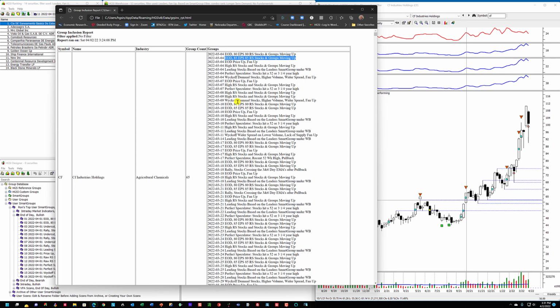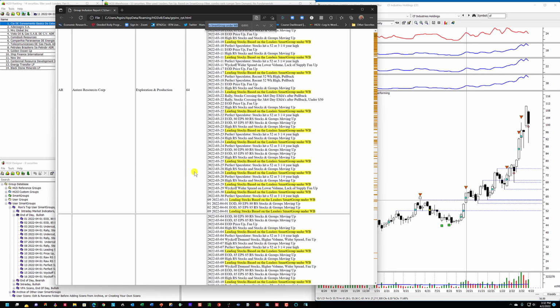Now I'm going to do another group here. I'll clear this. I want to go to the leading stocks. Highlight this. Leading stocks based on the Leaders Smart Group under WB, Woodward and Brown. Control copy, Control find. Now you can see there are several of these, but it isn't as consistent throughout. But these are the leaders based upon this, and this also appeared on the 4th of March on CF Industries.